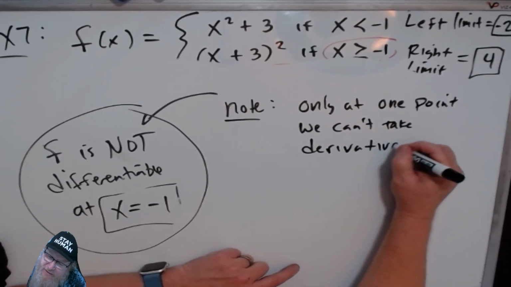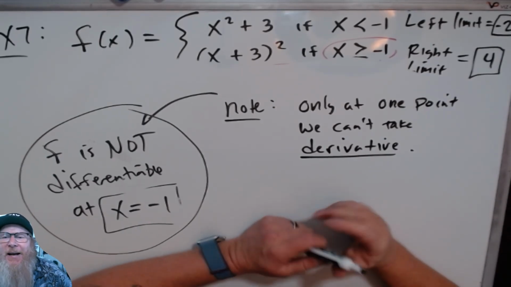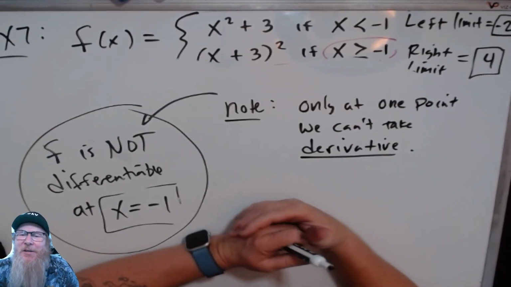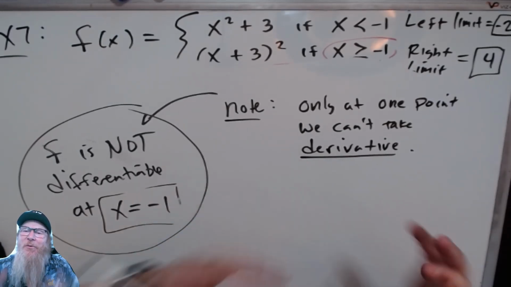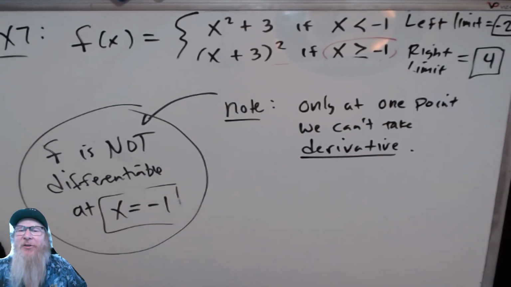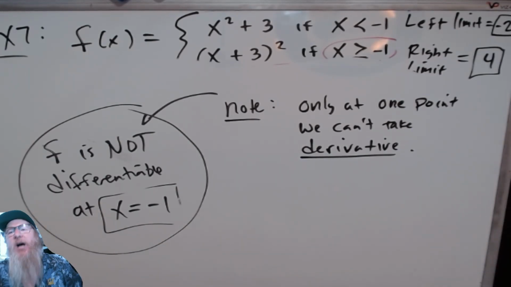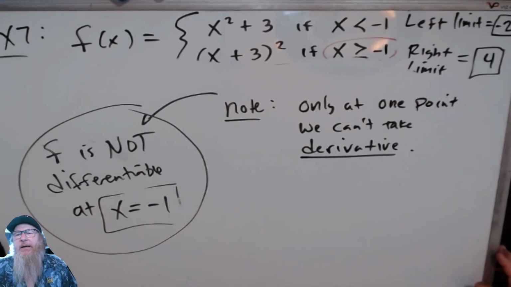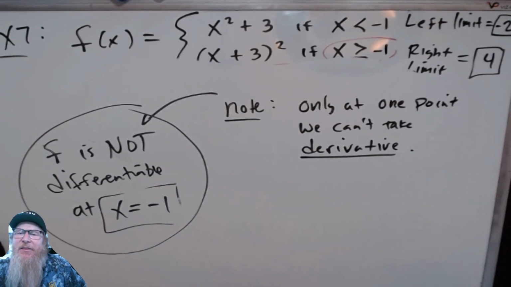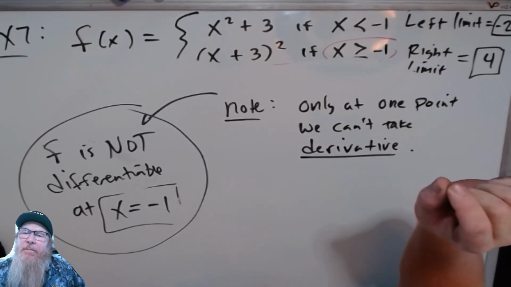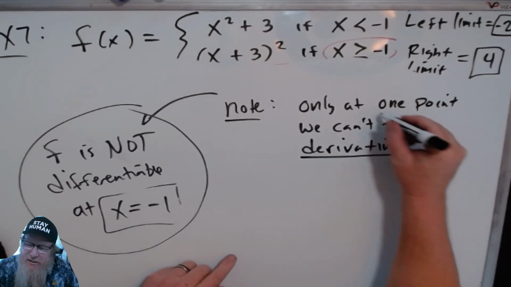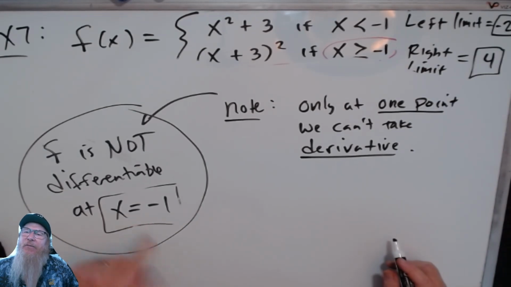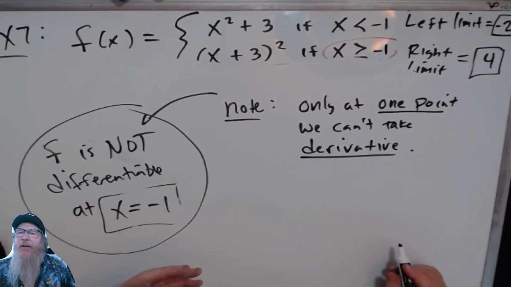So I hope that's clear about this lesson. I know when I took this class, 30 some years ago, when something was not differentiable, it sounds so final, right? It sounds like you've doomed it to the category of non-differentiable. It just means that there's one bad number. So only at this one point, -1, we can't take the derivative.